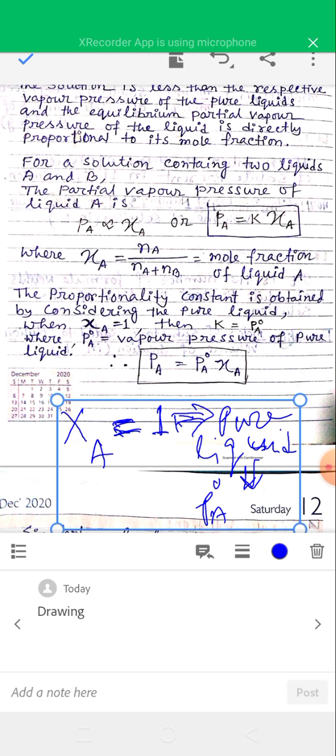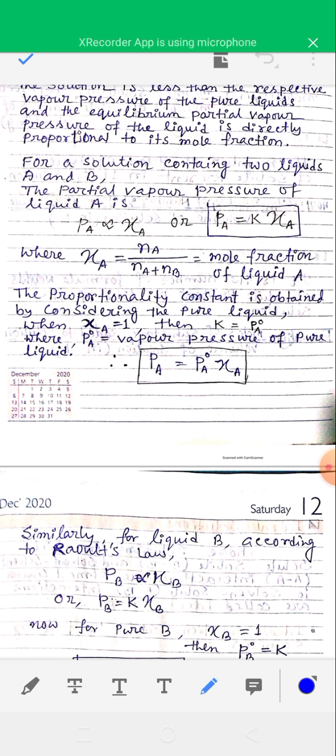When Xa is equal to 1, then you can write K is equal to Pa naught. Xa equal to 1 indicates pure liquid A, not in solution. Okay, and the vapor pressure of pure liquid A is represented by Pa naught.